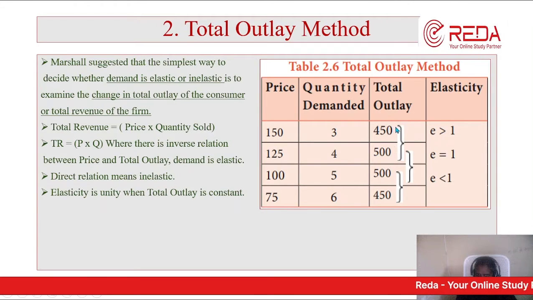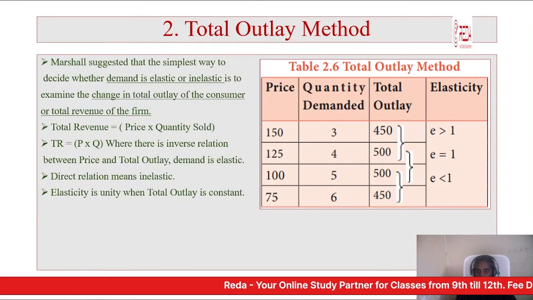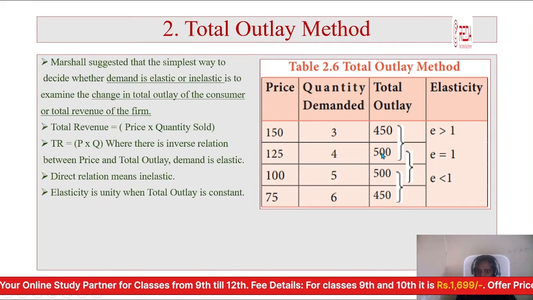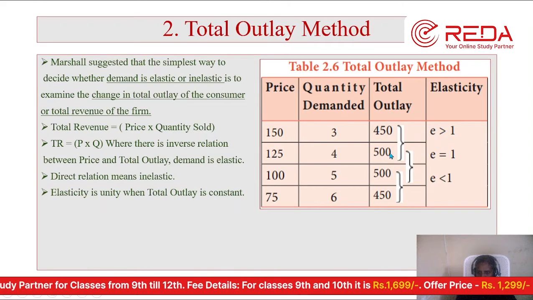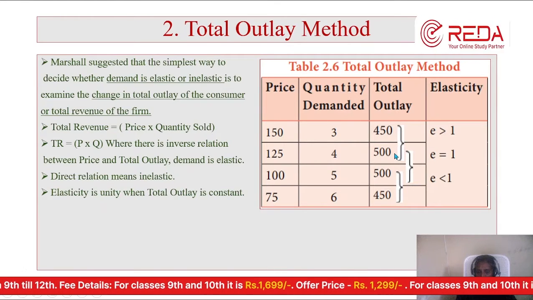At that time, the total outlay or the expenditure by the consumer increases. When the price decreases, the total outlay increases. Can you understand here? Here 450, then if the price decreases, you are spending some more money to increase your quantity.